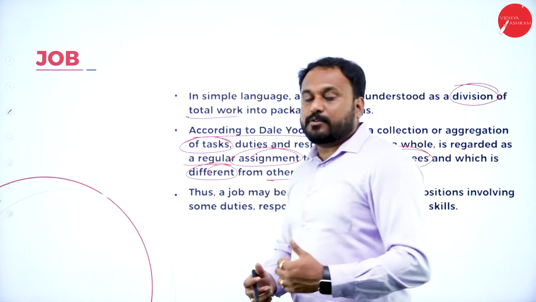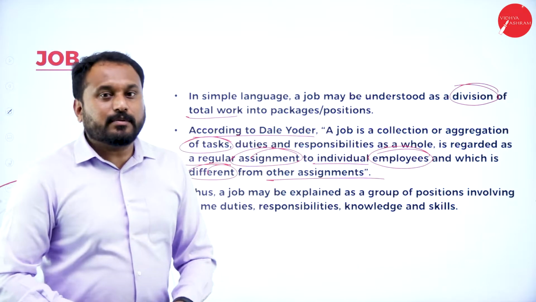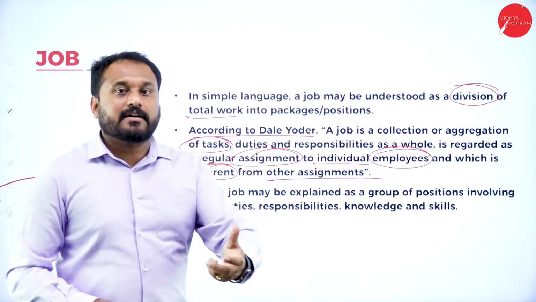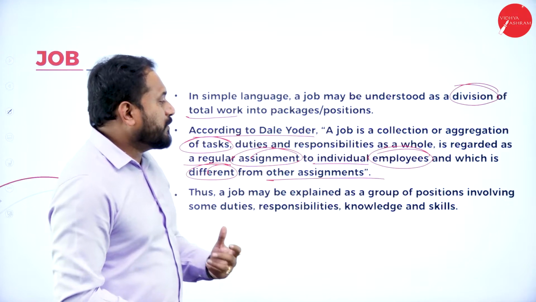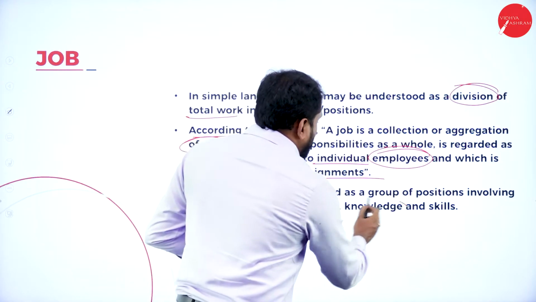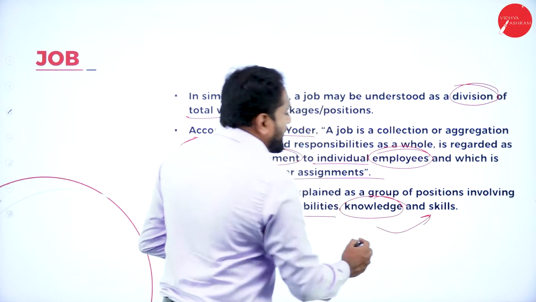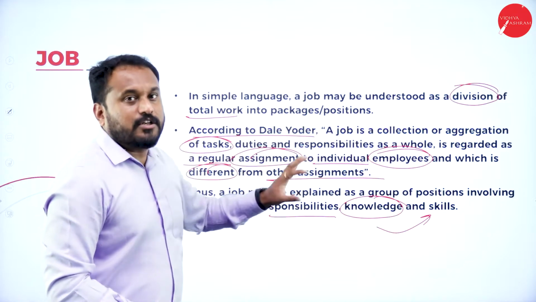And here in the job, you will get the responsibility. Plus, there are people who will get authority as well as responsibility. Thus, a job may be explained as a group of positions involving some duties, responsibility, knowledge, and to fulfill that, they are supposed to have something called skills. So this is what job is.